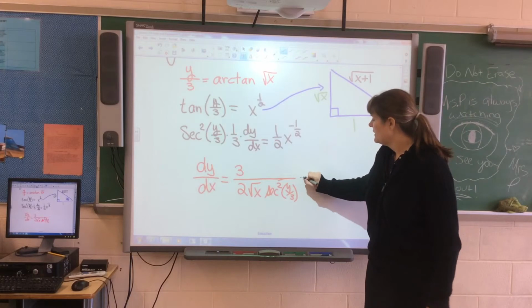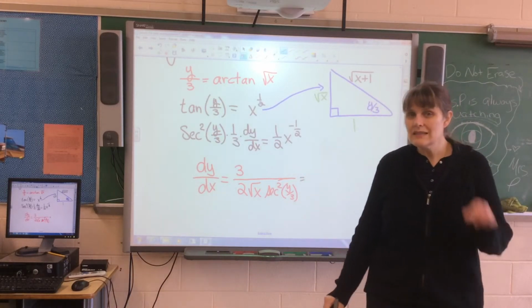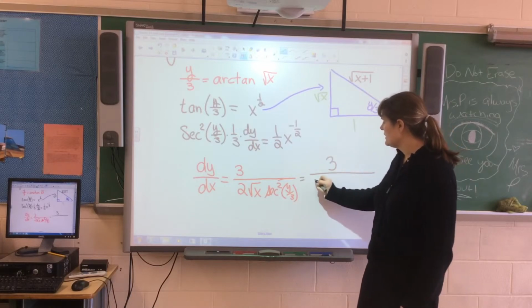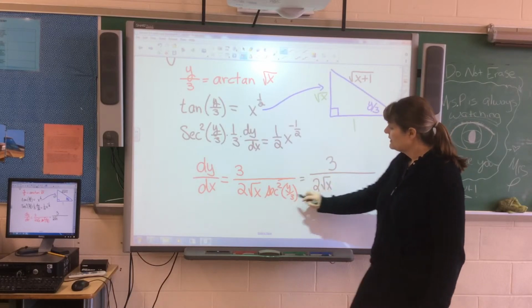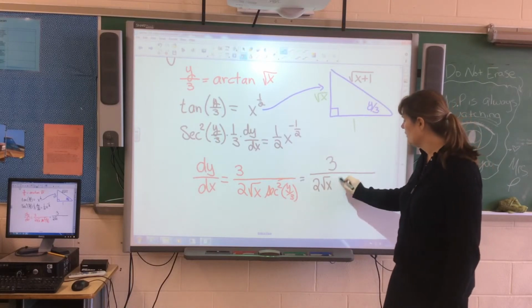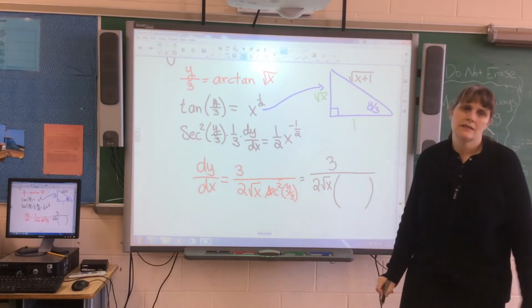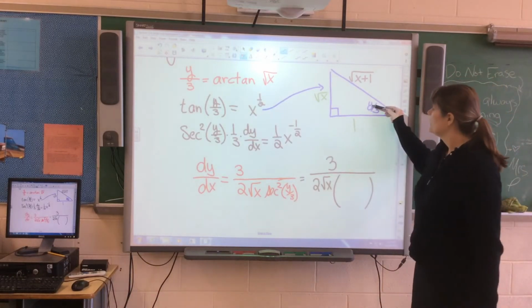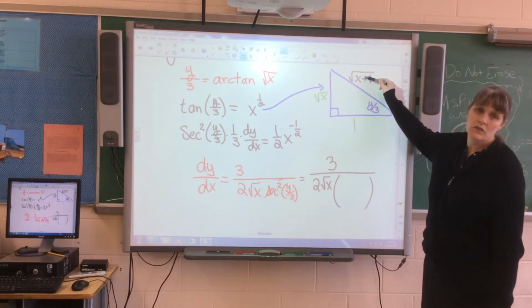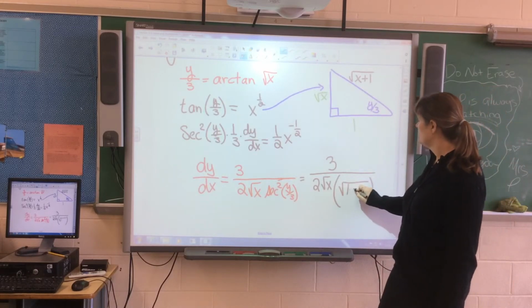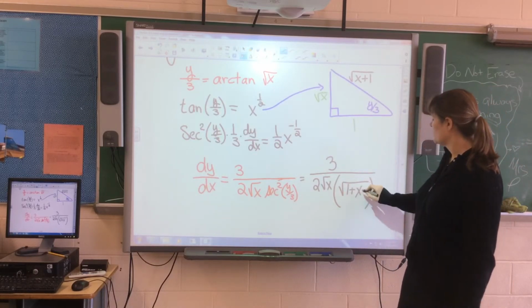Now, another place easy to make a mistake is this is going in, it's 3 divided by 2 root x. It's secant squared down here. So we want to be careful. Well, what is secant? Secant is the reciprocal of cosine. Cosine would be 1 over the square root. So the reciprocal of that is just the square root of x plus 1.